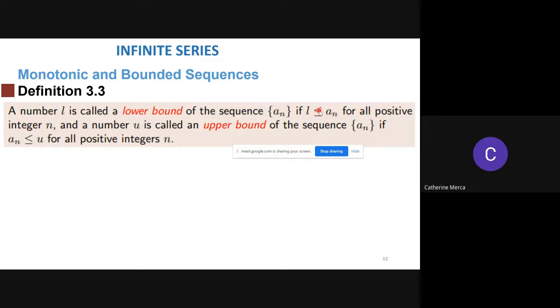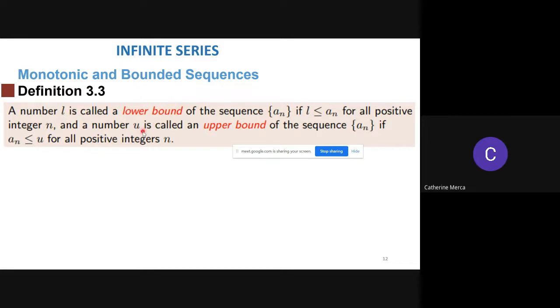What does that mean? L is a lower bound if L is smaller, less than or equal to any element of the sequence, for all positive integer n. So it is smaller, that's why it's a lower bound.